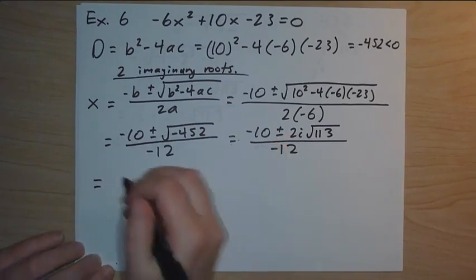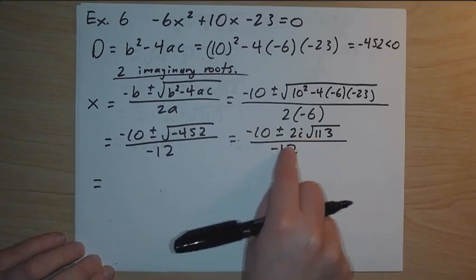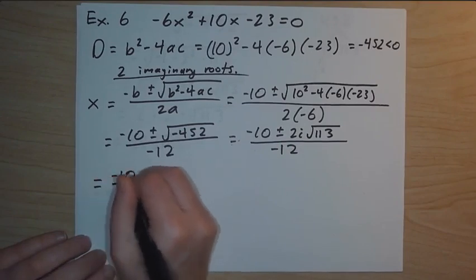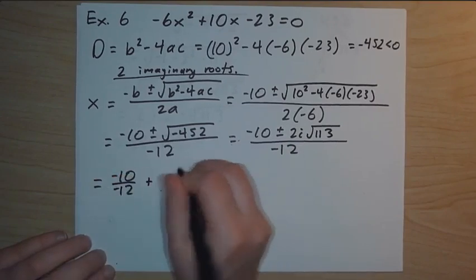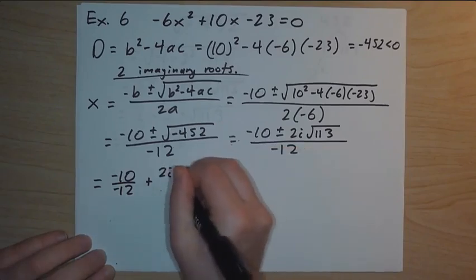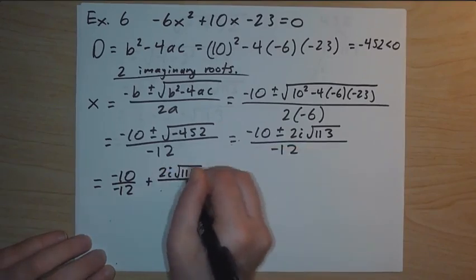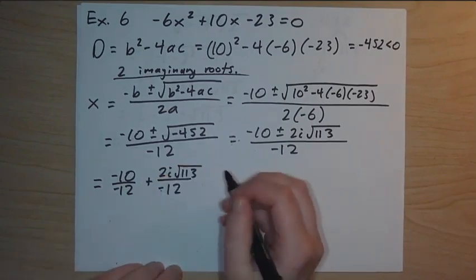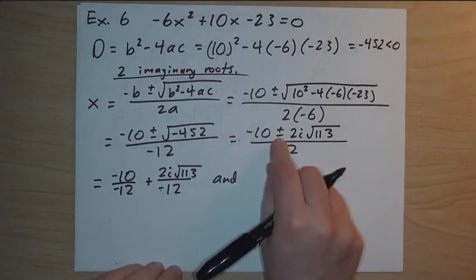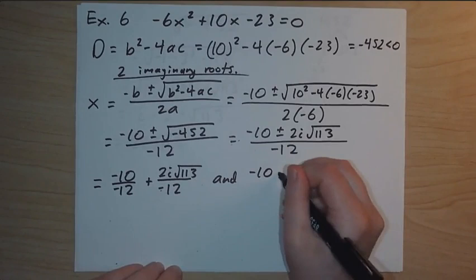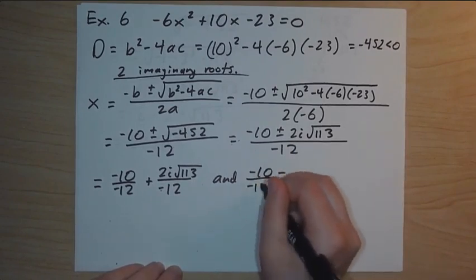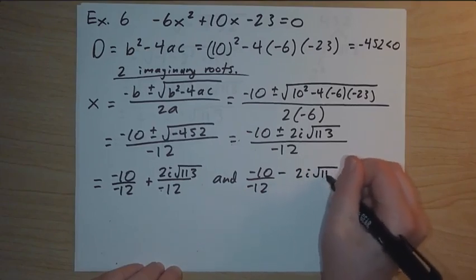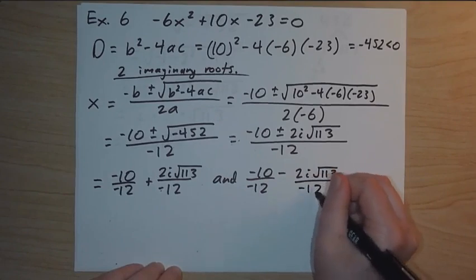So using the plus first and splitting up the numerator into two different fractions, this is the same thing as negative 10 divided by negative 12 plus, doing the plus first, 2i square root of 113 divided by negative 12. And doing the minus next, we have negative 10 divided by negative 12, minus 2i square root of 113 divided by negative 12.